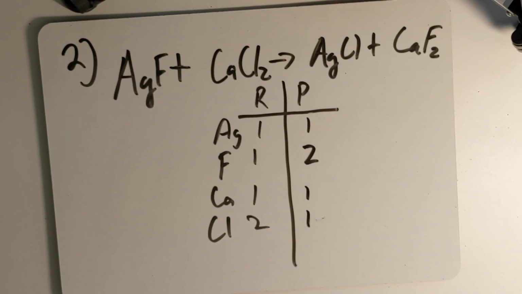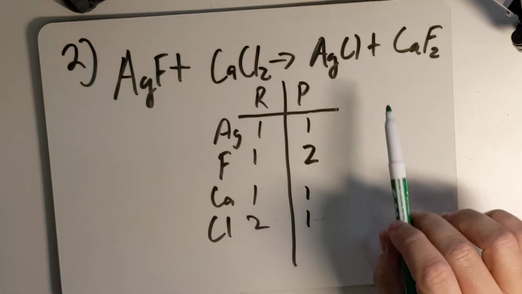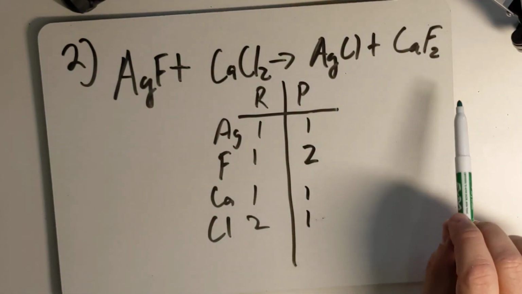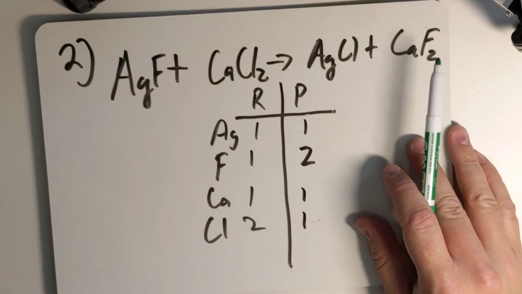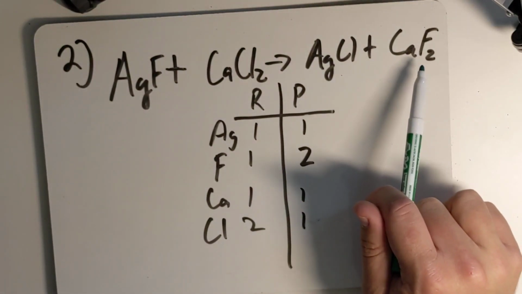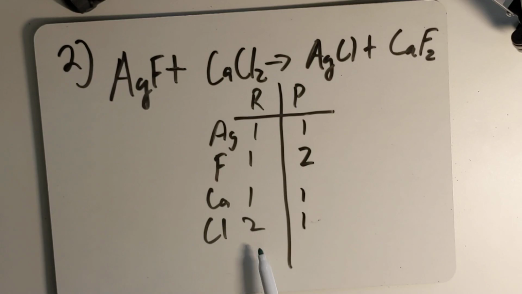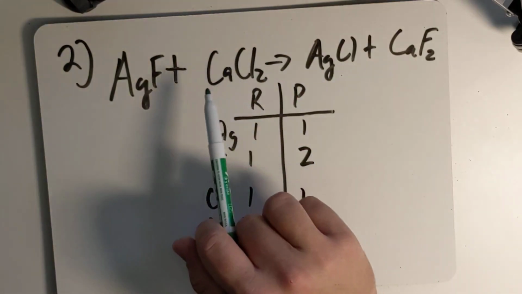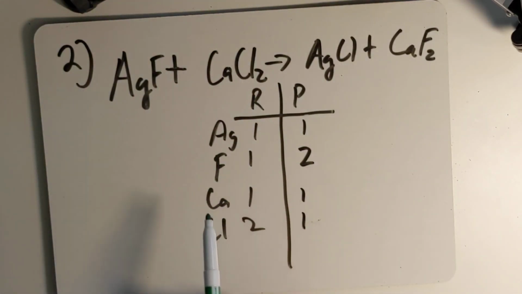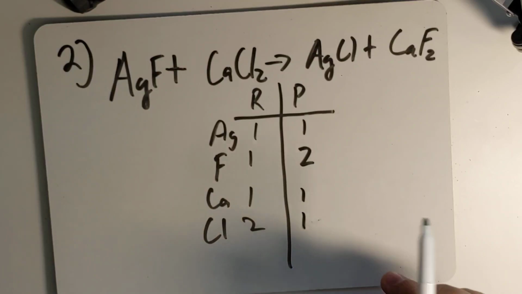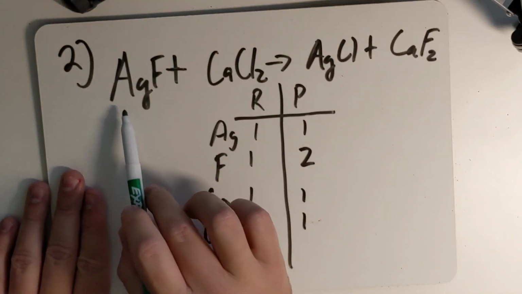All right. So when I look at these, I see that there are some imbalances, like the fluorine and the chlorine. So I have 2 fluorine over here. That means I have to multiply this one by 2. Because 2 times 1 gives me 2, I know I'm going to be messing with both of those.